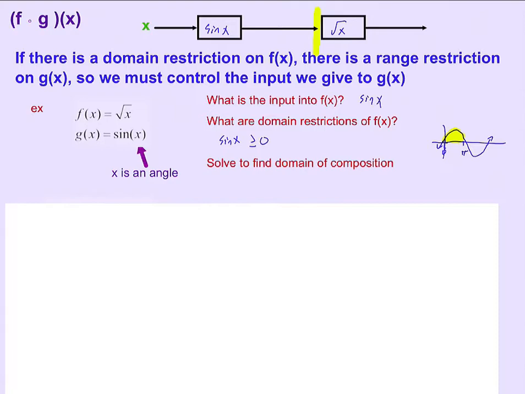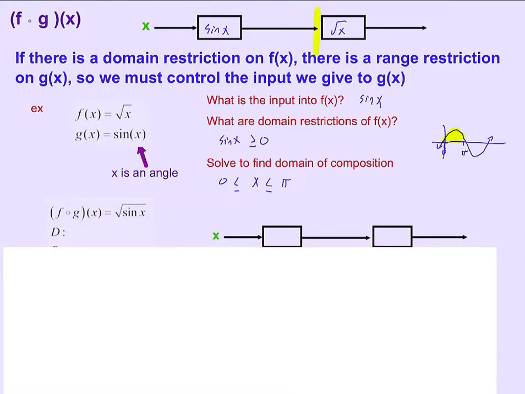Which means as long as x is between 0 and pi, sine of x will be greater than or equal to 0, and then we can take its square root. Well, what we've just done is figure out the domain of our composition of functions.